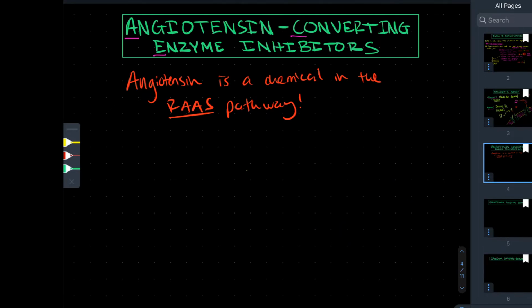So what angiotensin converting enzyme does is, in the RAS pathway, I'm not going to show the whole pathway, so I'm just going to start with angiotensin 1. So let's say you have low blood pressure for whatever reason, and your body's like, oh my gosh, got to raise the blood pressure. So angiotensin 1 is released or created.